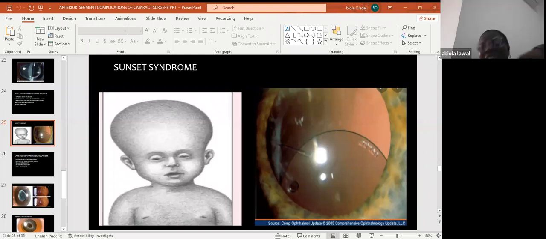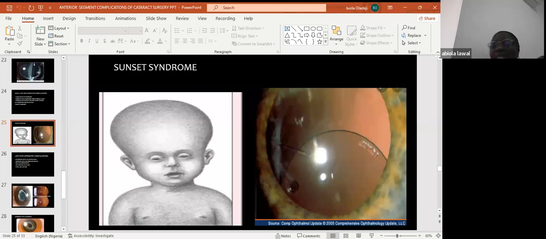Iridectomy is usually done intra-op. For example, if you're putting an anterior chamber intraocular lens, you do a peripheral iridectomy. But iridotomy is achieved with laser, so the patient is not on the table, you're seeing the patient post-op.